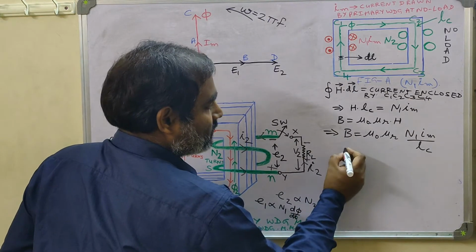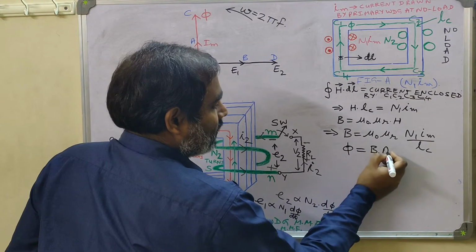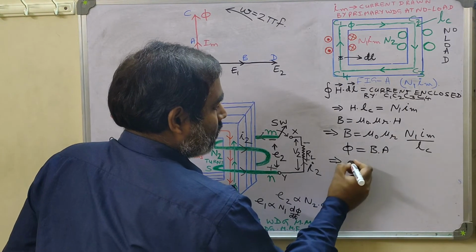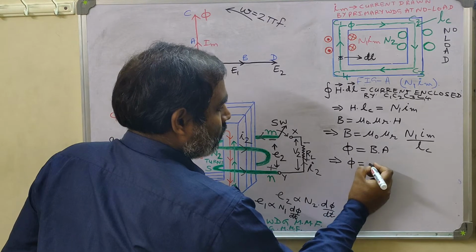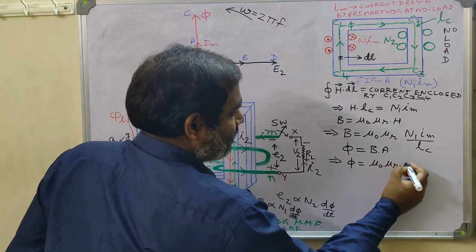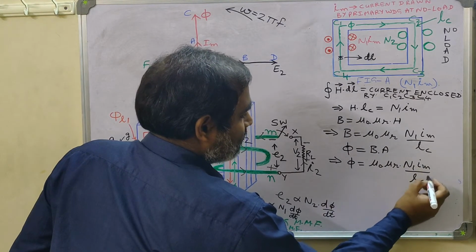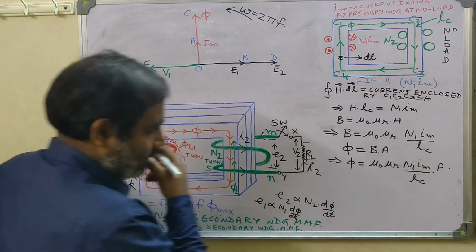For flux phi we can write B into A. What is B? Mu naught mu r into H, but for H we have written N1 Im by LC, into A.